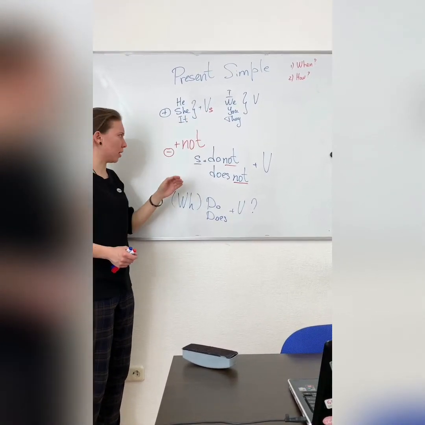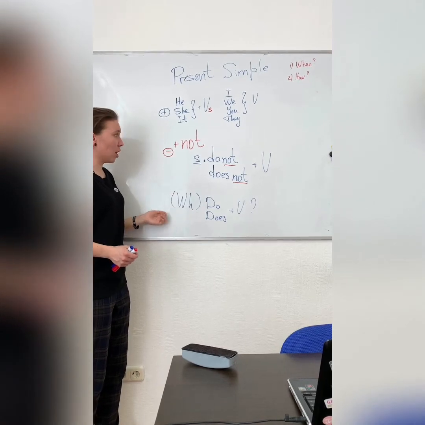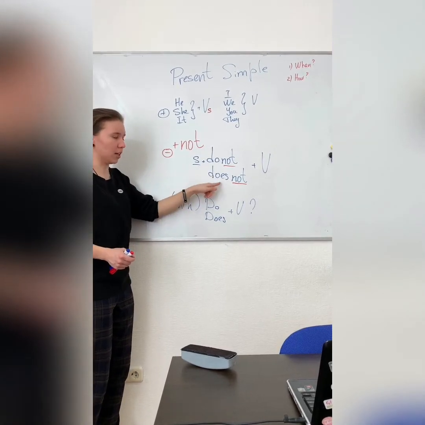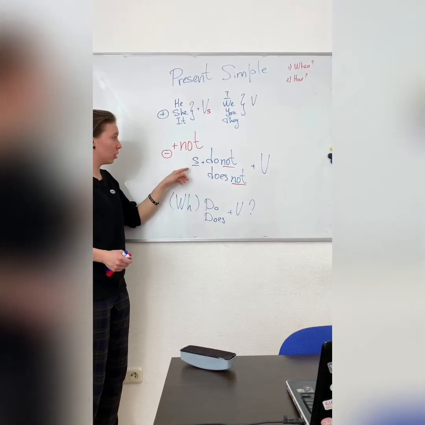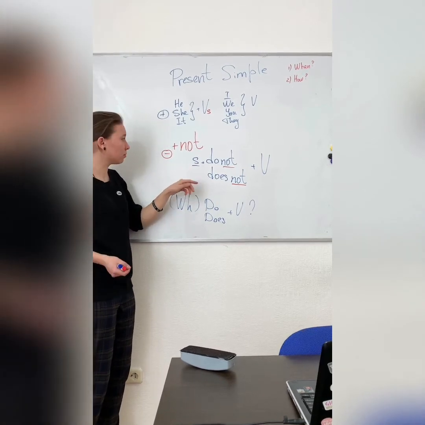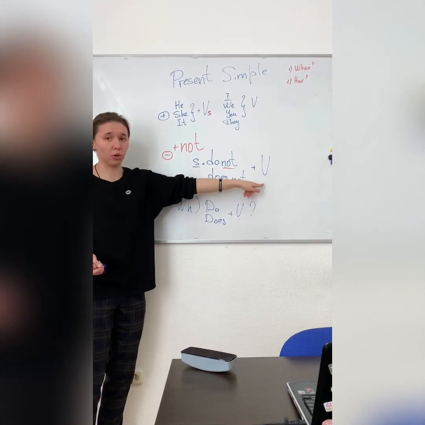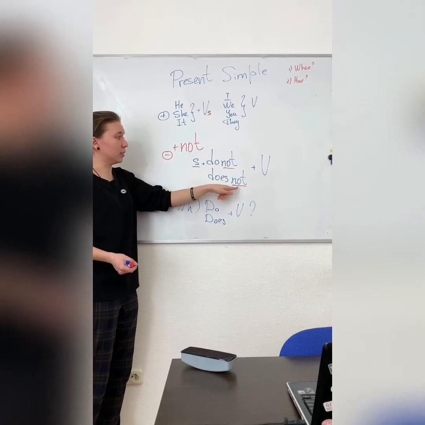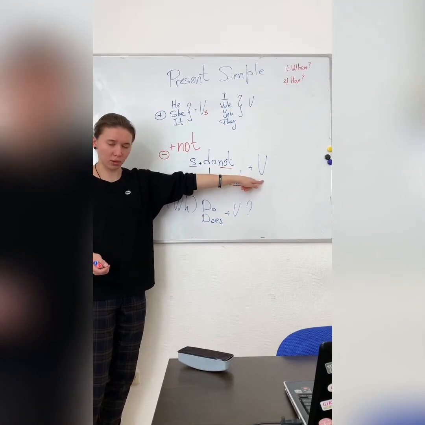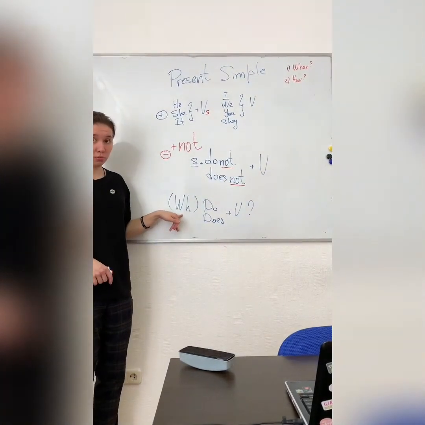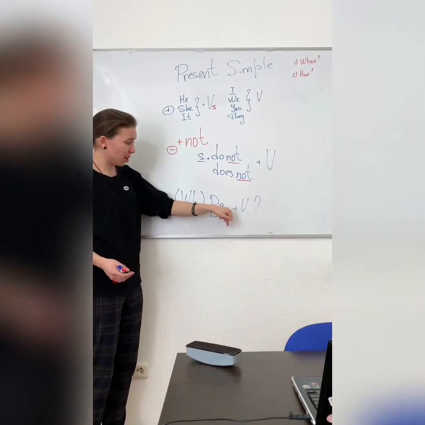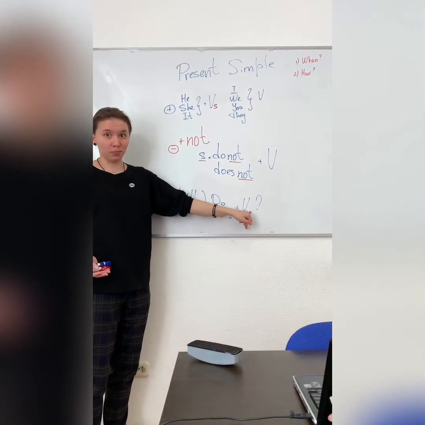If I want to make a negative and a question, I always have do and does. Negative: I, we, you, they do not work. He, she, it does not work. Easy? Yep. Now question. WH, if you want. Do, subject, and verb. Understandable?